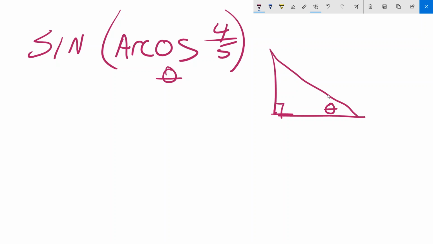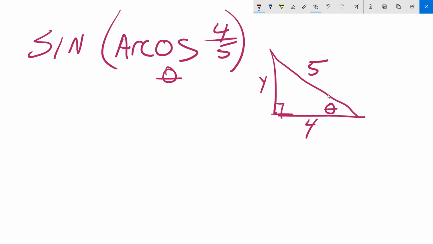Now start dimensioning that triangle for me. What's the base? What's the hypotenuse? What is the unknown third side? Use the Pythagorean Theorem to solve for y.